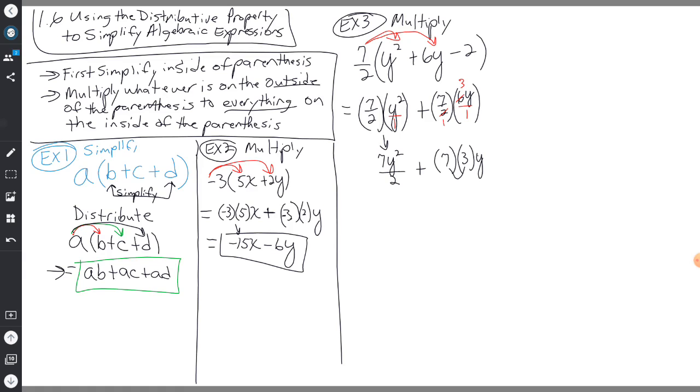Do that multiplication, and that gives us 21y. Different powers, so we can't do anything else with this. Oh yeah, we do have one more to go.